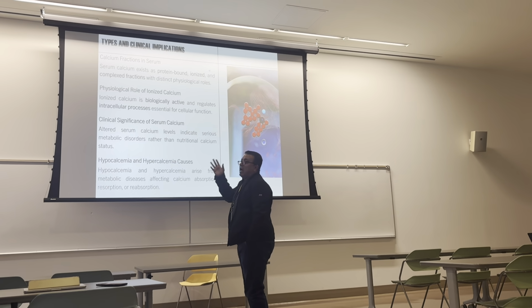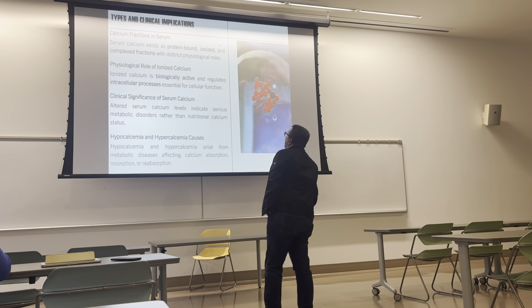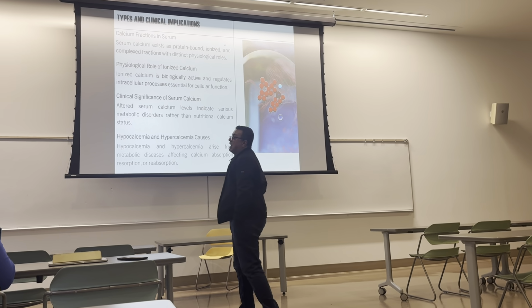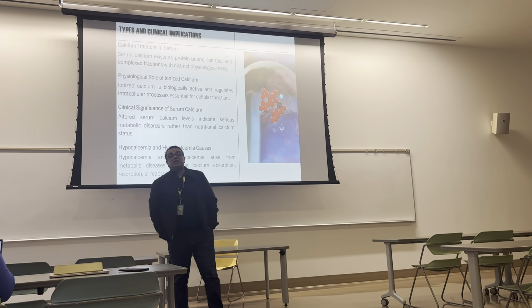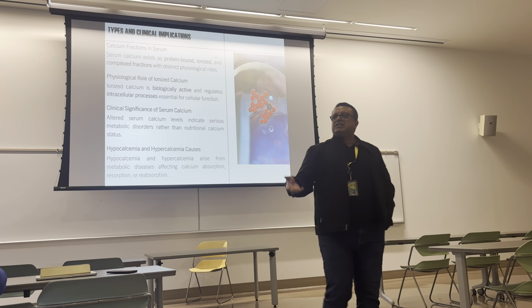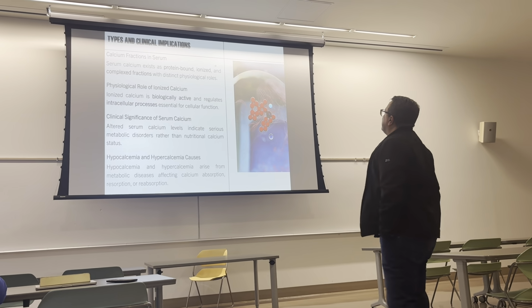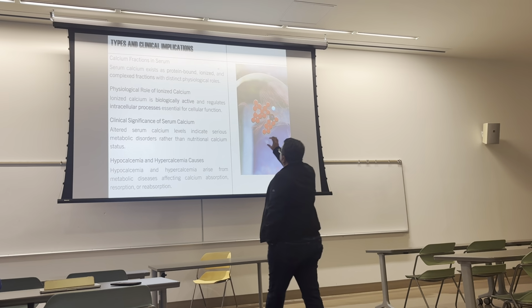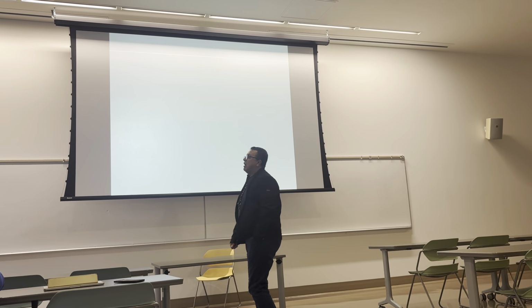And third, the complexed form of calcium, which is usually complexed with anions such as citrate and phosphate. It is also inactive. So the main target when I am doing serum calcium is the ionized one.